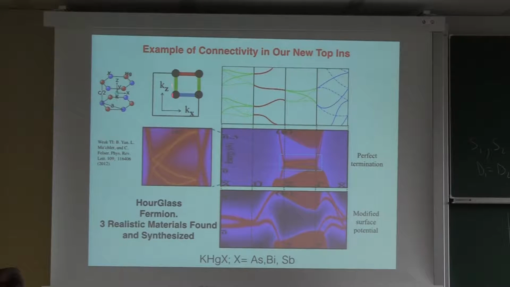And what they are invariant under is a mirror symmetry, x goes to minus x, which takes mercury into the X atom. But then you can translate by half of the unit cell.